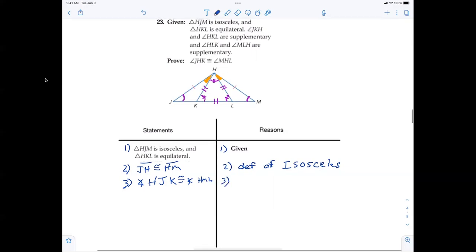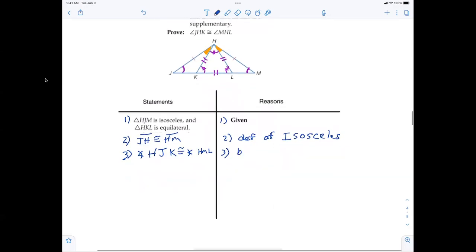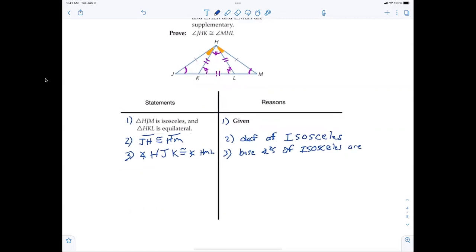Why is that? That's right. Base angles of isosceles triangle are congruent. Or you can just say isosceles triangle theorem. It's up to you. Base angles of an isosceles triangle are congruent. Okay.